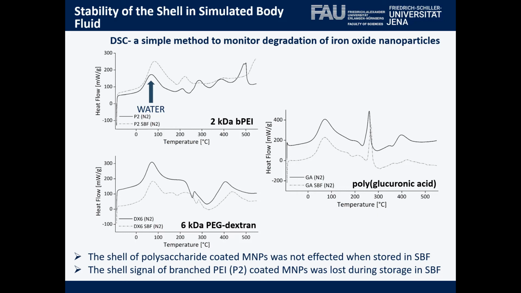So we selected 3 different types of nanoparticles with different shell materials. We selected a positive charged branched PEI nanoparticle, a neutral charged PEG-dextran particle, and a negative charged polyglucuronic acid nanoparticle.